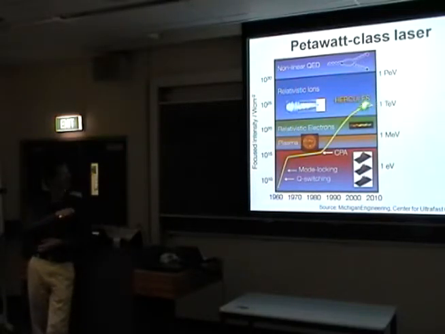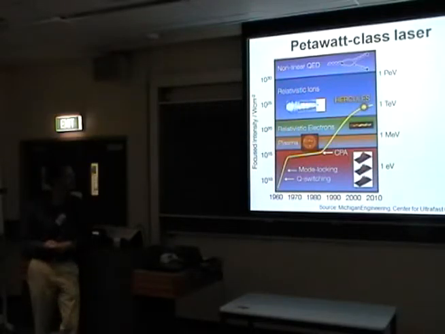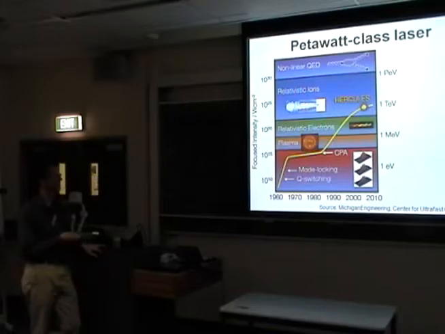And the fields here are so high that you actually get electrons accelerated in the electric field of the light to tera-electron volts. So really relativistic physics by simply shining focused laser light onto a piece of metal.